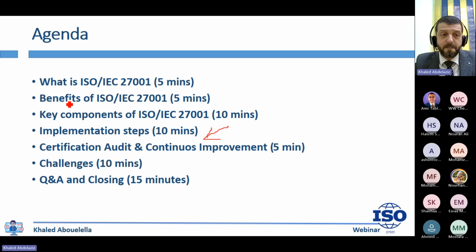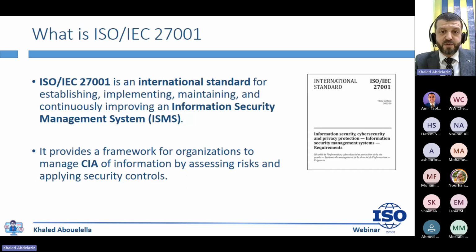Then this part will be very interesting: the common challenges when we think about implementing ISO 27001. Then we'll have 15 minutes for your questions. Let's jump into our first topic, which is ISO 27001.